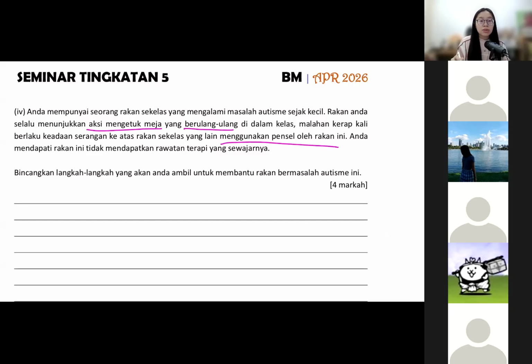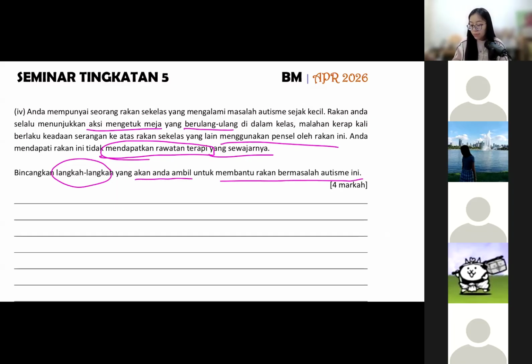Okay, Anda mendapati rakan ini tidak mendapatkan rawatan terapi yang sewajarnya. Bincangkan langkah-langkah yang akan Anda ambil untuk membantu rakan bermasalah. How do you help your friend if like this type of questions? As a friend, what you will do?